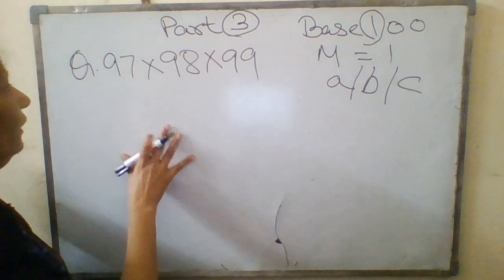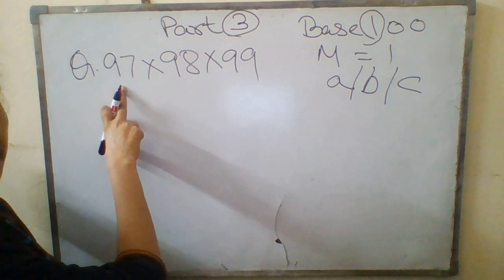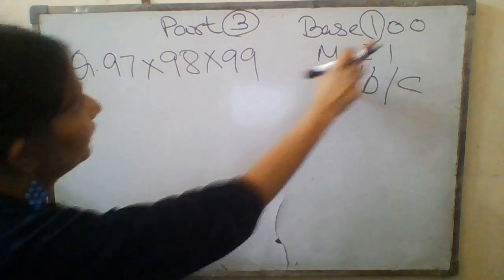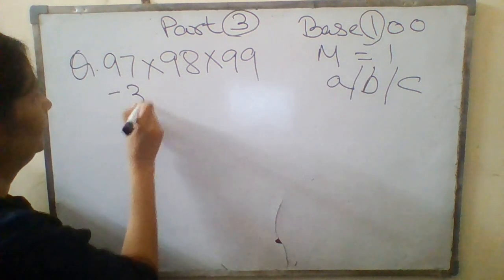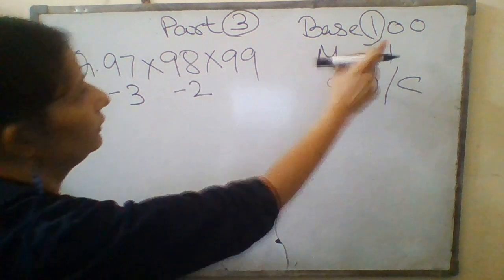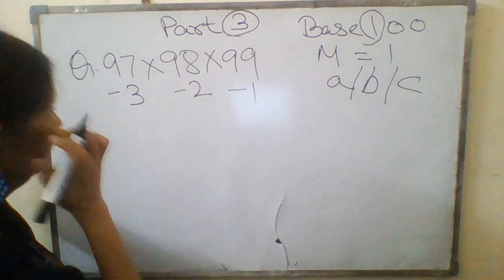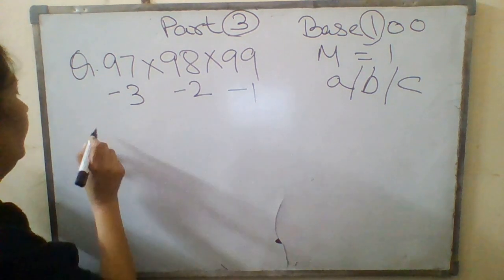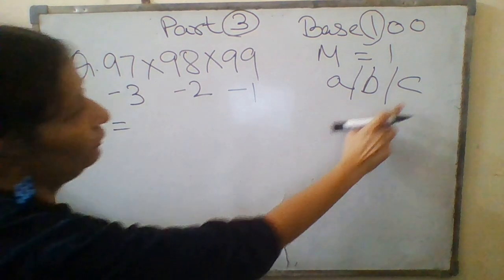To start with, 97 minus 100 is minus 3. 98 minus 100 is minus 2. 99 minus 100 is minus 1. These are the differences. Now how will you find the value of C?